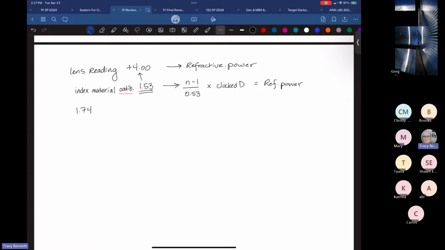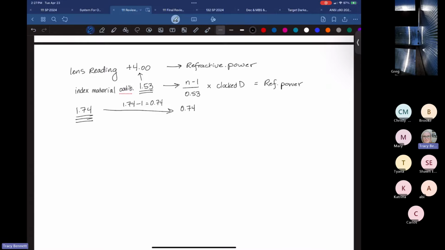Okay. And how do you equate all of that? This is our index that we're trying to use, right? So we want to know what the refractive power is in this surface. So we just take index minus 1. That basically just shortens to 1.74 minus 1, which ends up giving us 0.74.